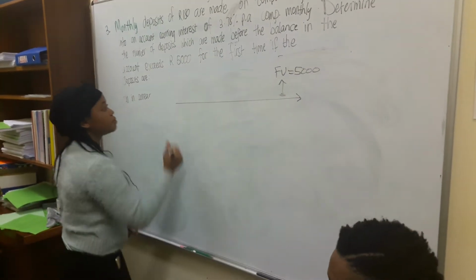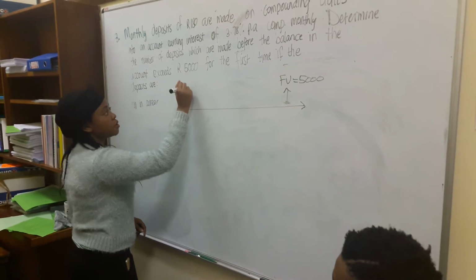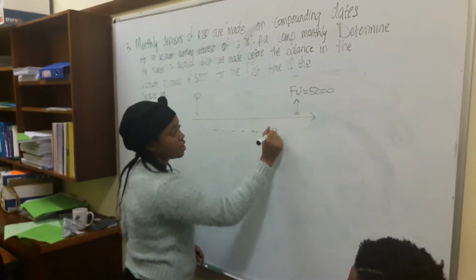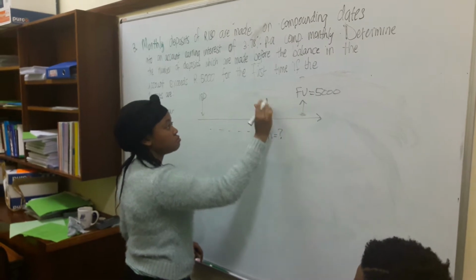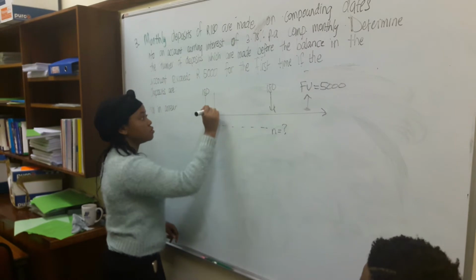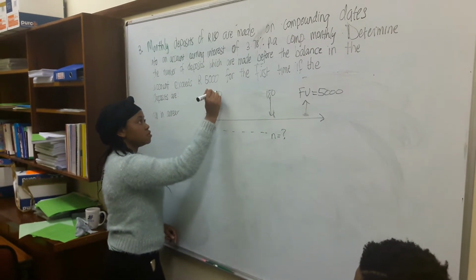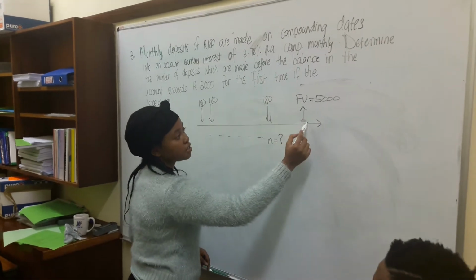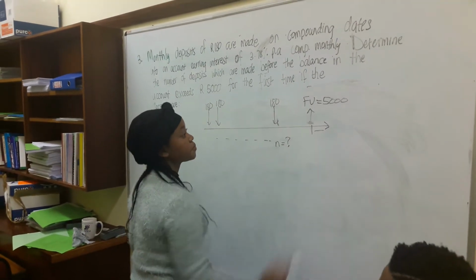And then we made monthly deposits of 180 for a period of time that is unknown, so n is unknown. The question is asking us to find n before it goes beyond this point.